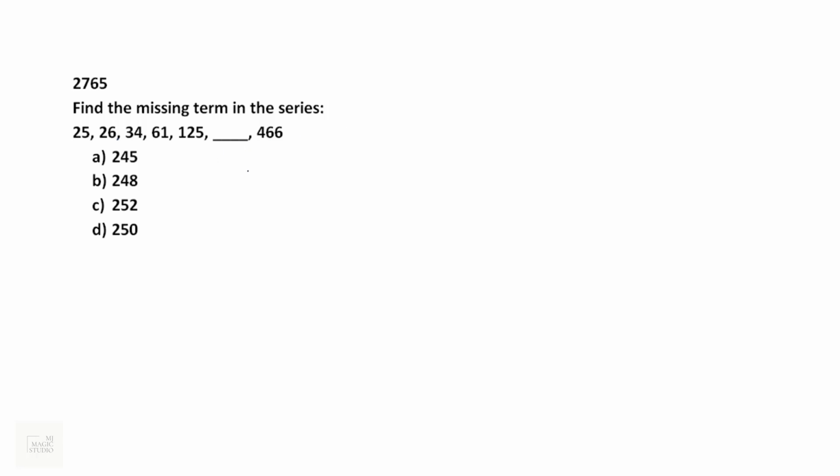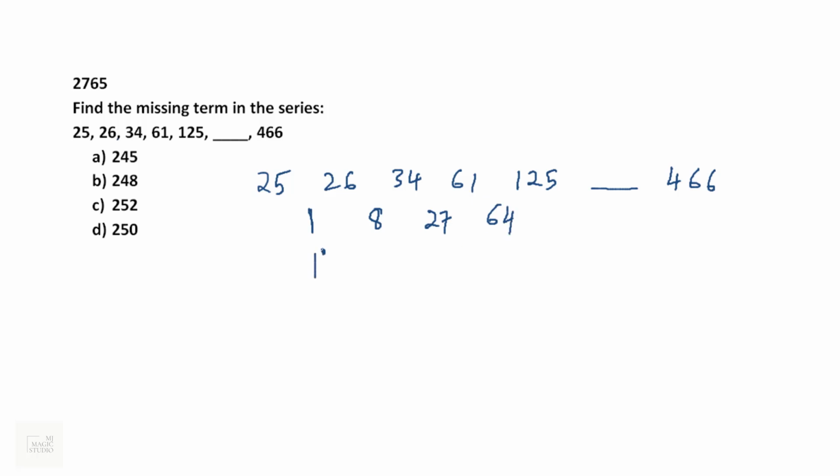Okay, again we need to find the missing term in the series 25, 26, and as suggested, always look out for the difference table. Many a times we can end up finding the answer with that. If the difference is 1, then 8, then 27, 64. Bingo, this is 1 cube, 2 cube, 3 cube, 4 cube.